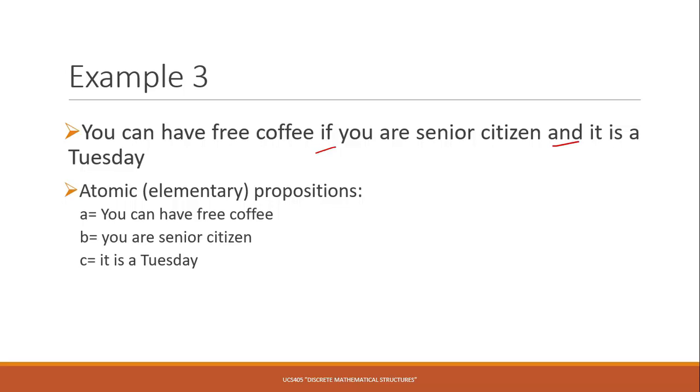Looking at this sentence, it is also in the if then form. The if part is you are a senior citizen and it is a Tuesday. So you are a senior citizen means B and it is Tuesday means C. Then you can have a free coffee, that is A. So the translation of this sentence is B and C implies A.